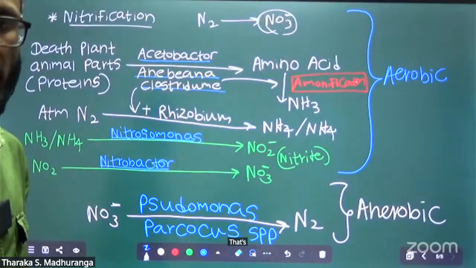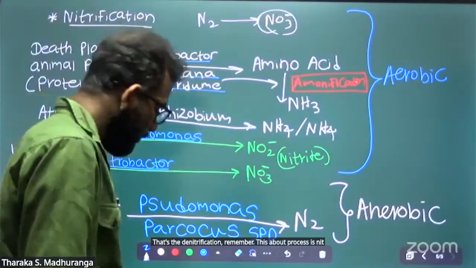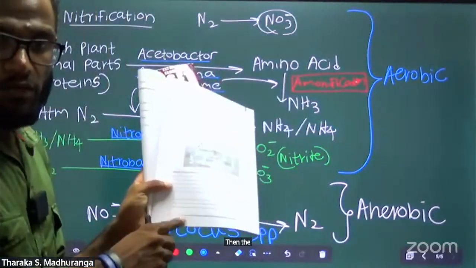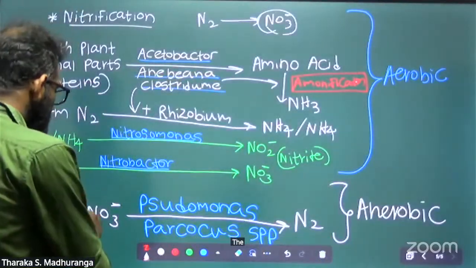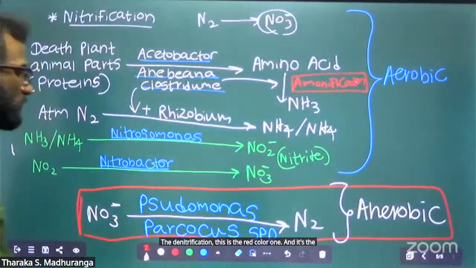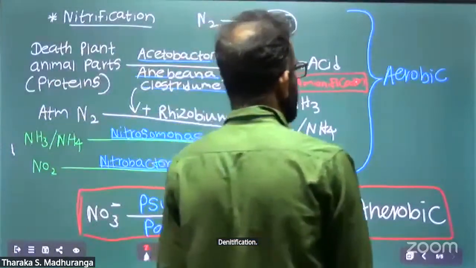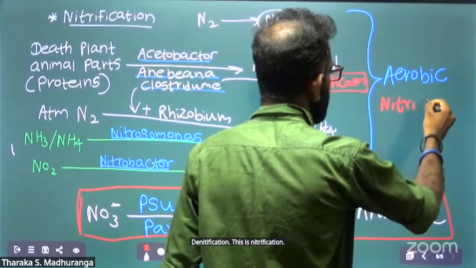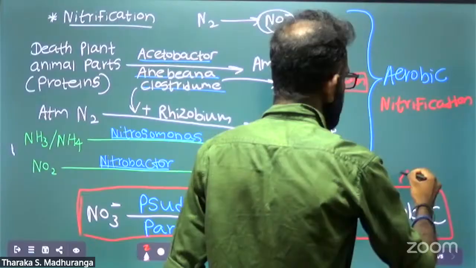That's the denitrification. Remember, the above process is nitrification. I have given both. Then the lower three rows, you can write down. The red color one is the denitrification. This is nitrification. This is denitrification.